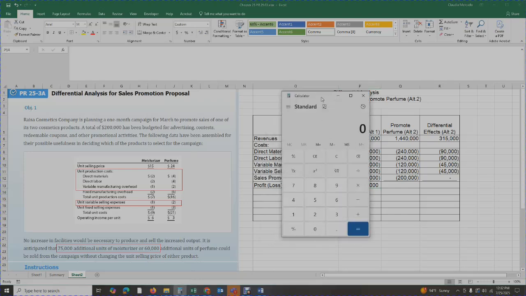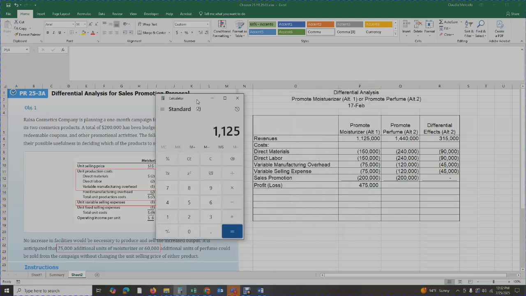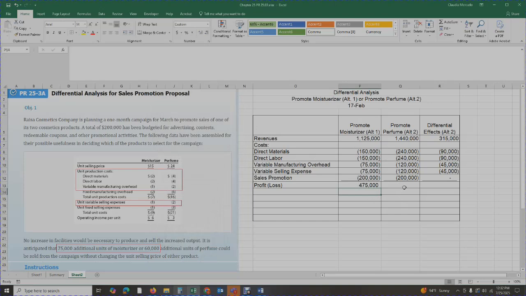So we're going to do this: 1,125,000, just to confirm, minus 150,000, minus 150,000, minus 75,000, minus 75,000, minus 200,000. So that gives me 475,000. Very good. Now we're going to do the same thing for our perfume.